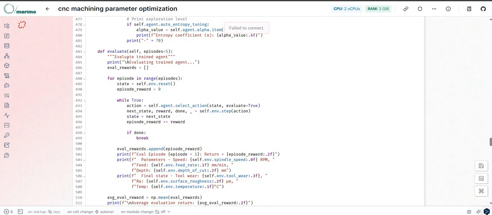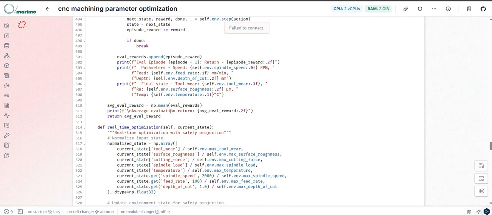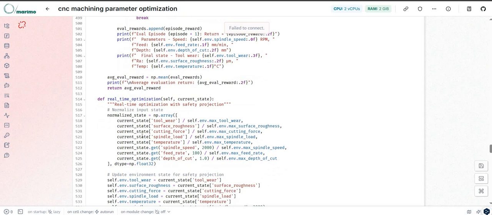For each evaluation episode, we record the total reward and also print out the final parameters and state variables. At the end, we compute the average evaluation reward, which gives us a clear picture of the trained policy's performance. And now comes one of the most interesting parts, the real-time optimization method.